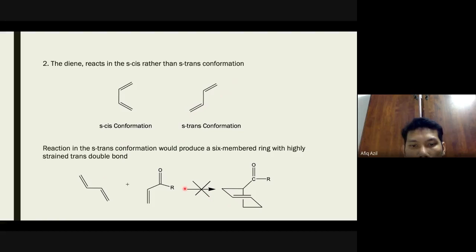It is very hard to form this product, it probably requires a lot of energy, and it is not really that stable, so it will revert back to the s-cis conformation. So the diene must be in this form, not this type.